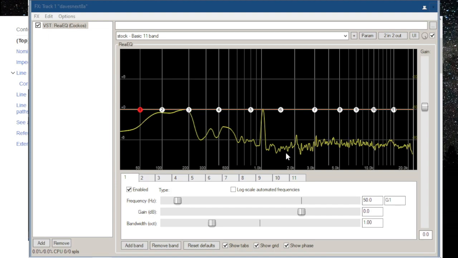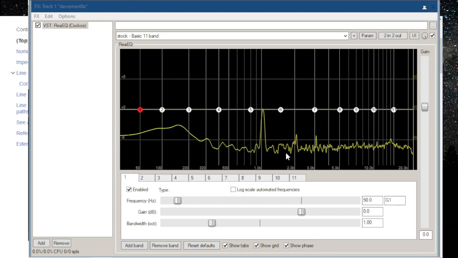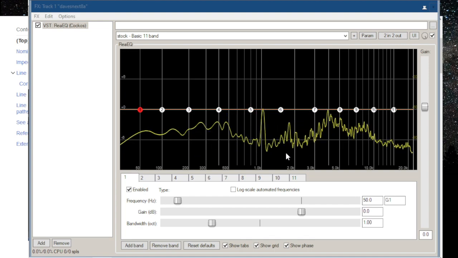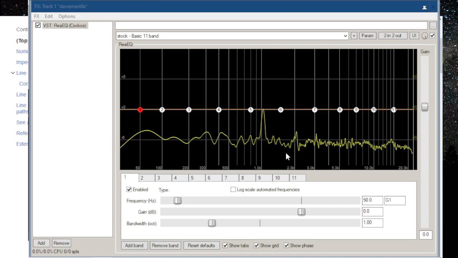Now, I'm going to set the equalizer to flat. I'm going to set this frequency. You know what? Let's see, what is that?